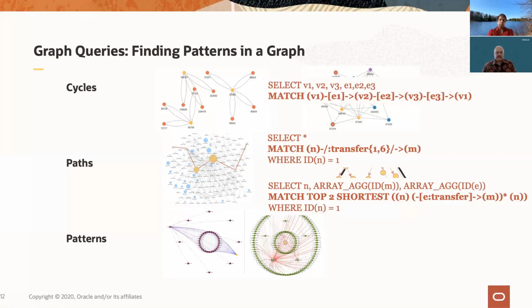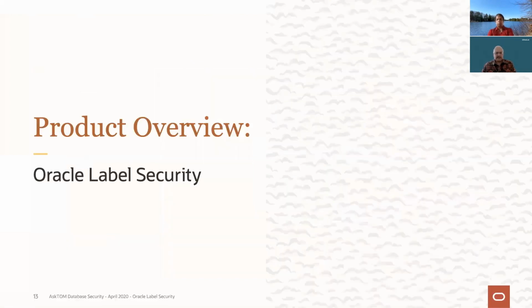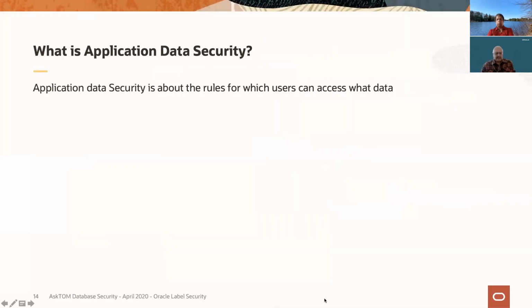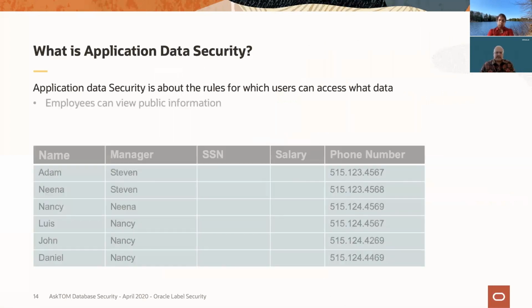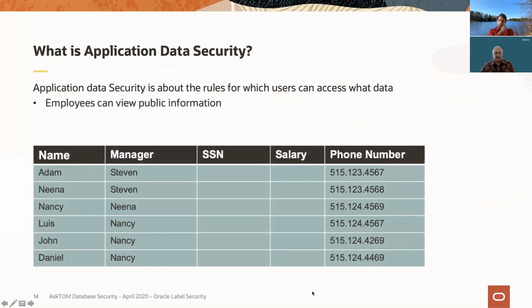The next is, what we're going to do is apply label security, so Oracle Label Security, on these graphs. So the first thing about the security is, what is it? It's essentially rules that say who can access what data when.